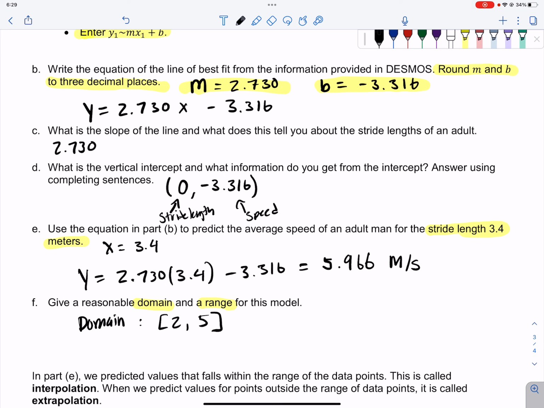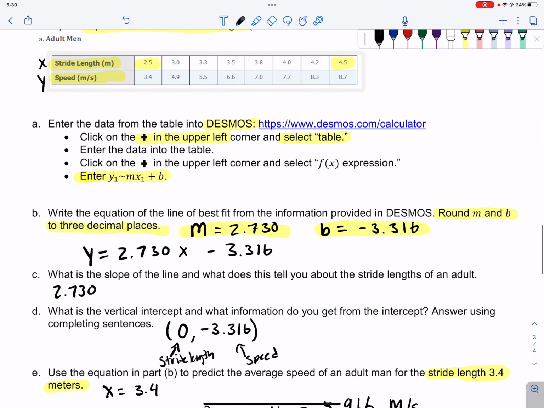And we write it in this notation called interval notation, which is given with these brackets to say that I am between the values of 2 and 5. And then my range, I'm going to do the same thing, but look at the y values to see what my y values would have been.